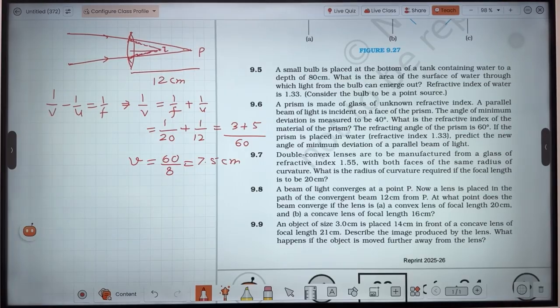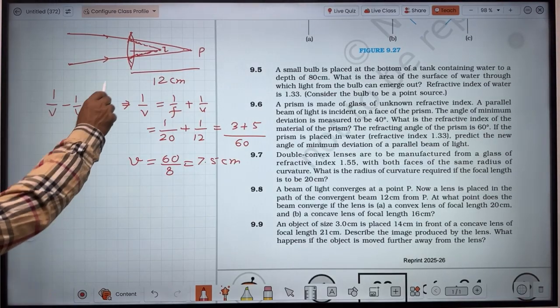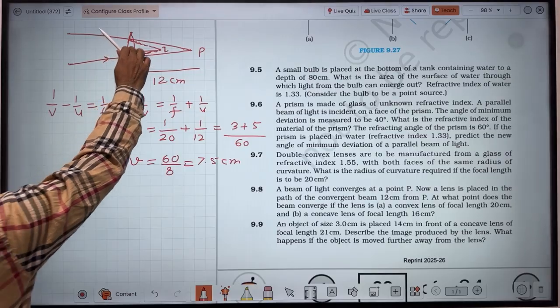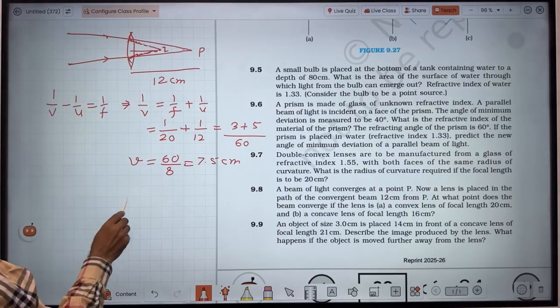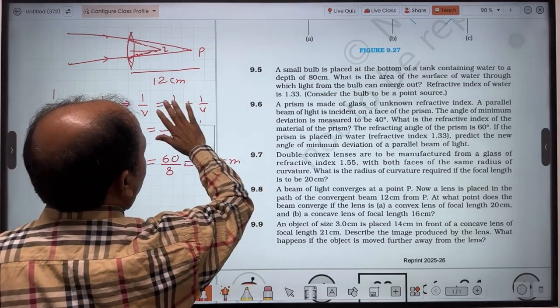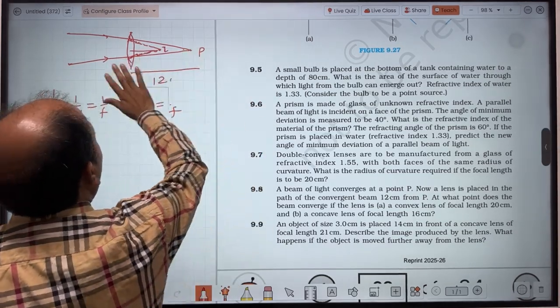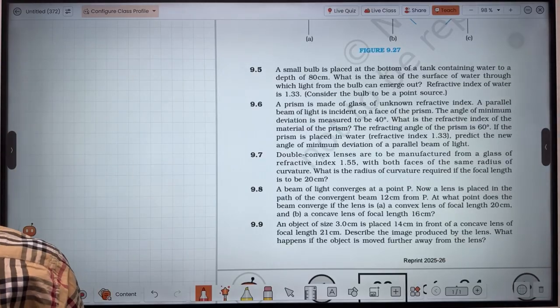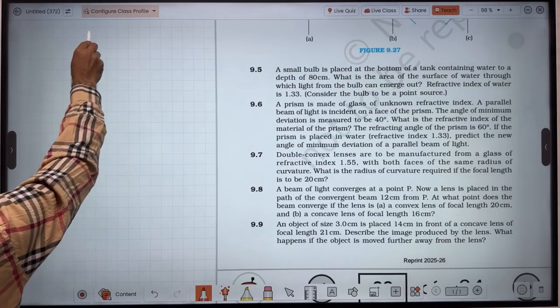Now consider the case when the lens is concave type. So as I told you, the situation will get reversed. In place of this, suppose we imagine, or let's erase it. Now what is happening?